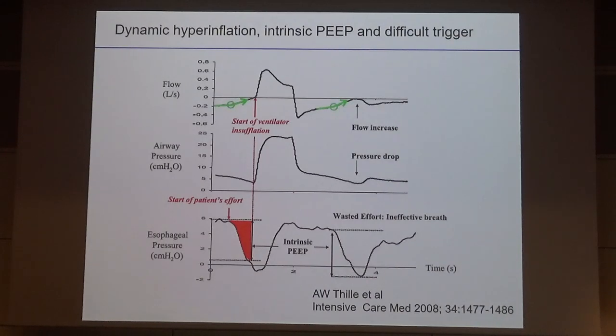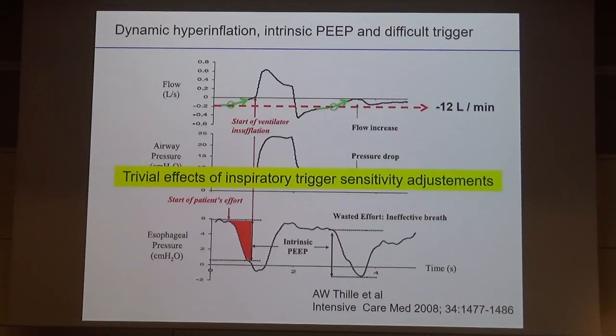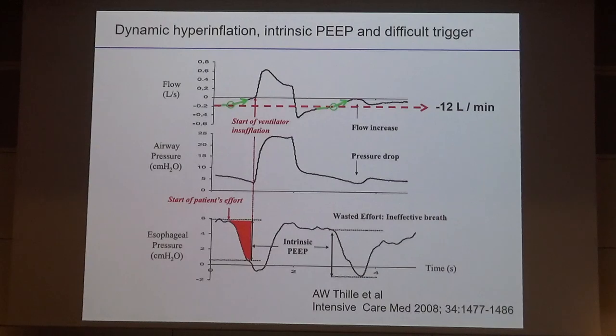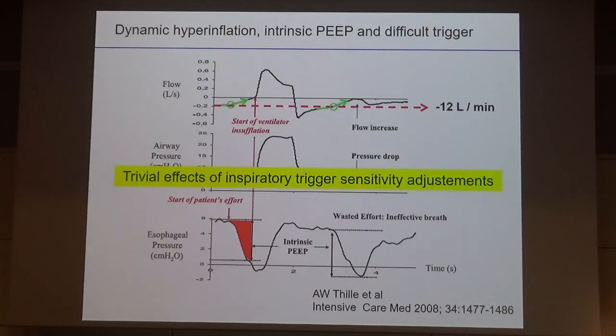So, looking at waveforms at the bedside, we can detect this problem, but of course, we cannot select a negative value of flow as a threshold for the inspiratory trigger. So, no effects are expected after fine-tuning of inspiratory trigger sensitivity, if this is the problem.